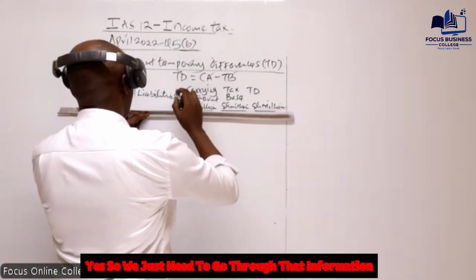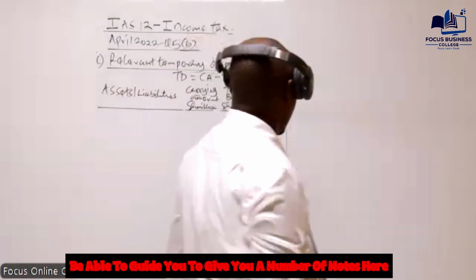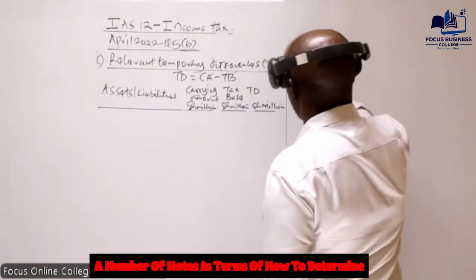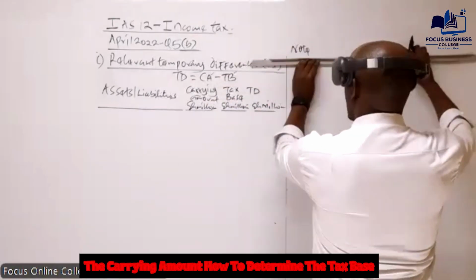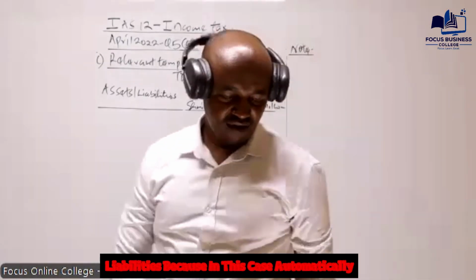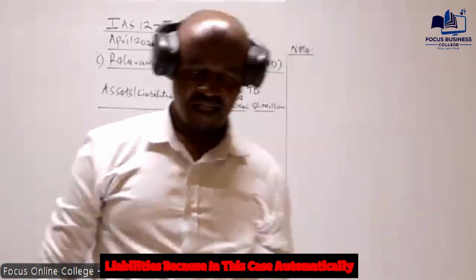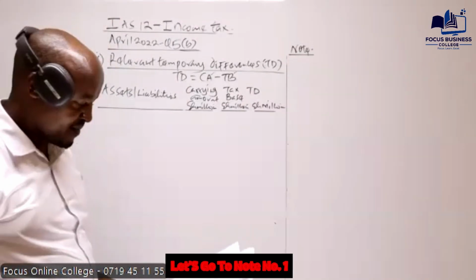Yes, so we just need to go through that information. I'll basically be able to guide you, to give you a number of notes in terms of how to determine the carrying amount, how to determine the tax base of the various items of assets and liabilities. Because in this case, you're not given those carrying amount, you're not given those particular tax base. Let's go to note number 1.